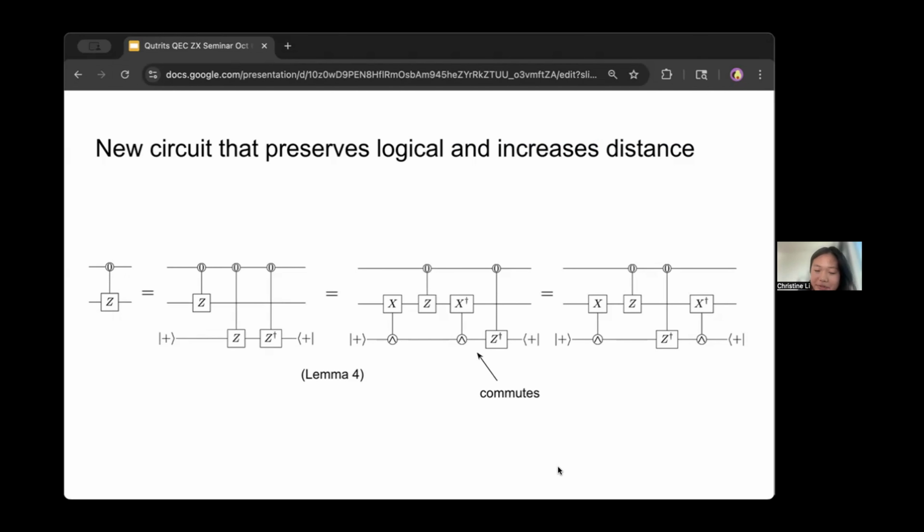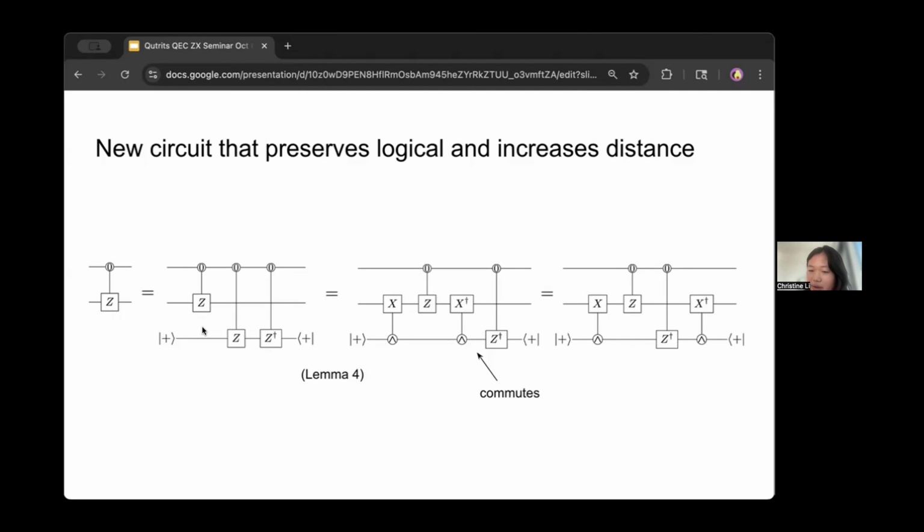Then using the previous lemma, we can see that this left portion with the two zero-controlled Z's is equivalent to one of them conjugated by the CX gates. And then the control part of the CX dagger commutes with the Z dagger.